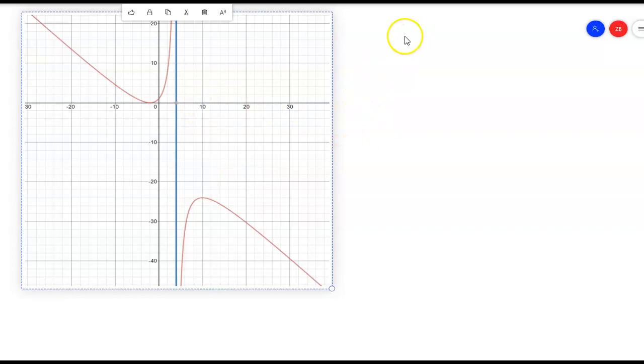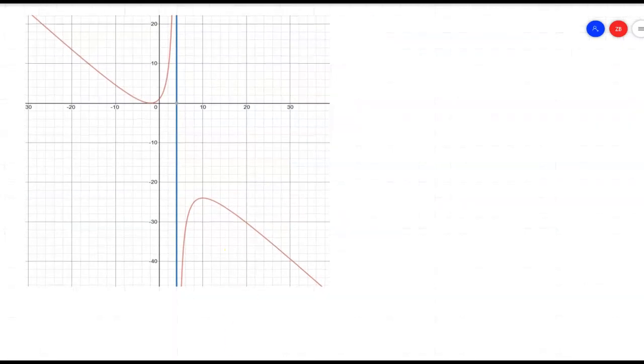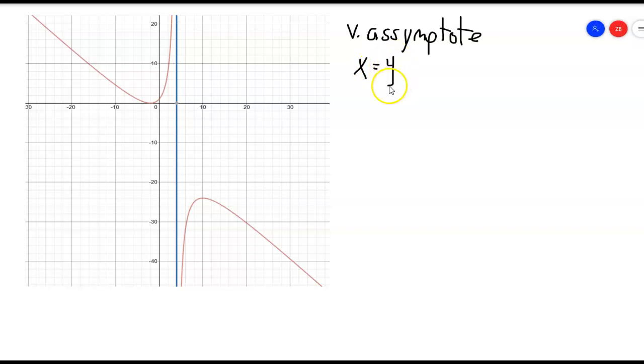And so we're going to have a vertical asymptote at, looks like x is equal to 4.